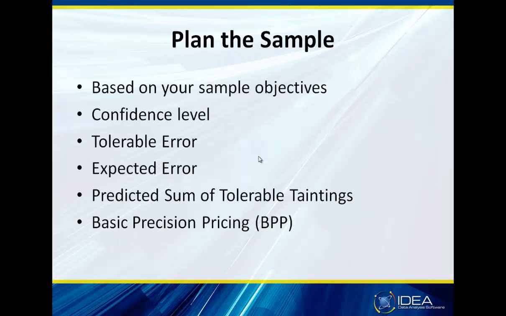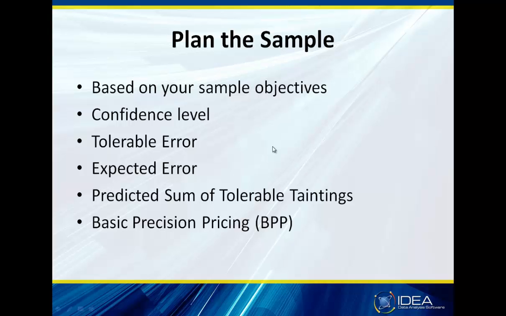Next, we have to plan the sample. We're going to do this based on the sampling objectives and the population, based on the work we just talked about doing. Then we can use that to do the following. We can define the confidence level, the tolerable error, the expected error, with an understanding of the predicted sum of tolerable taintings, and basic precision pricing.